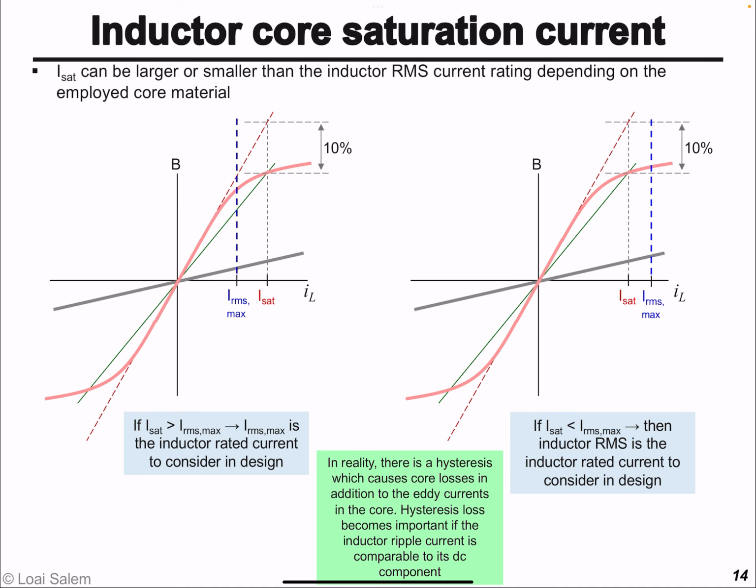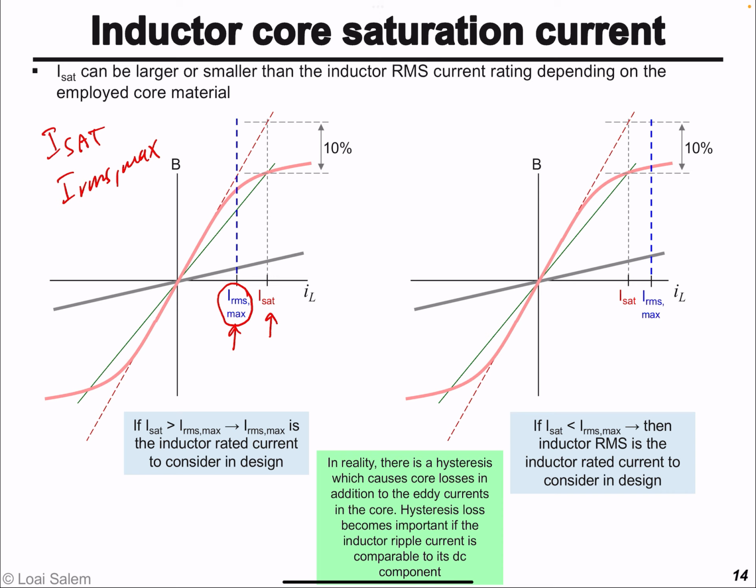So remember, an inductor has two current ratings, the core saturation current as well as the maximum RMS current rating. At some points you will find that the RMS current rating that causes a 40 degree C temperature rise is lower than the saturation current. So in this case, the rated current is set by the RMS current rating of the inductor.